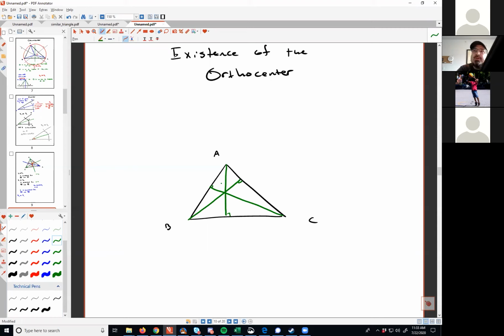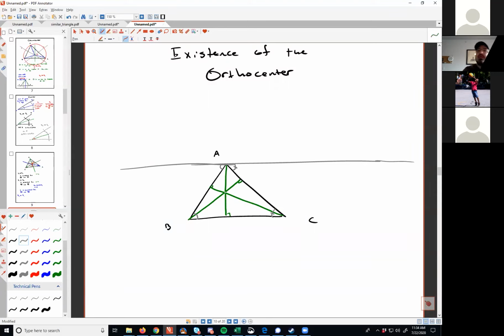But here's what we can do to get more information. We get free information by drawing a line through A parallel to BC. What free information do we get? Well, we get that that angle is equal to that angle, and that angle is the same as that angle. Okay, that's some free information, sure.